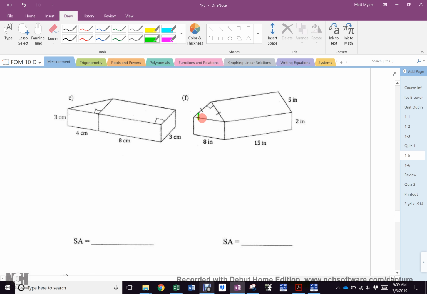Is that green rectangle part of this guy's surface area? Why not? Because it's not exposed. Everybody understand? So if you're going to use the formulas, you got to think some of that part of that formula isn't actually part of the answer. Everybody with me? All right.